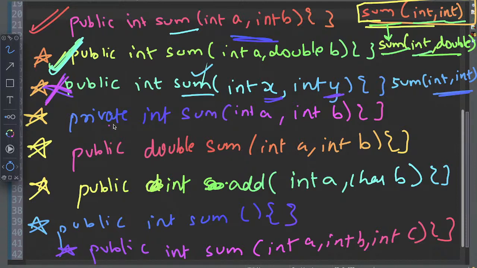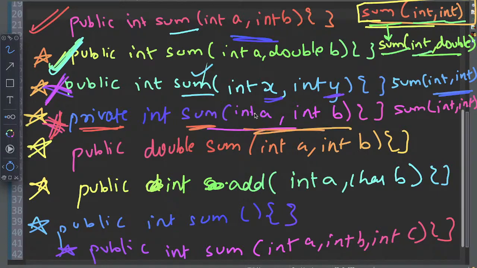Okay, in this scenario, the third one, someone says that third one is valid. Let's see that. What is the signature of this? Sum int comma int. Is it different from the first one? No, it is not. Again, not a valid example because you have said that it is valid because of this private, but what I said to note is that only the method name and the parameter list is the one that is going to affect the method overloading.